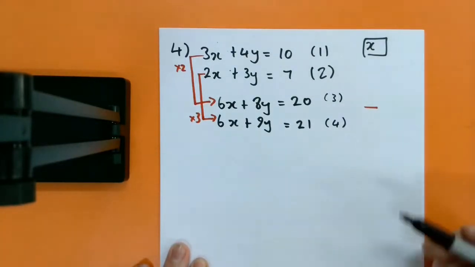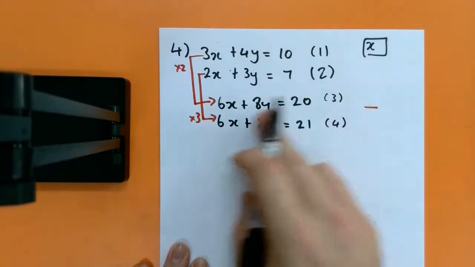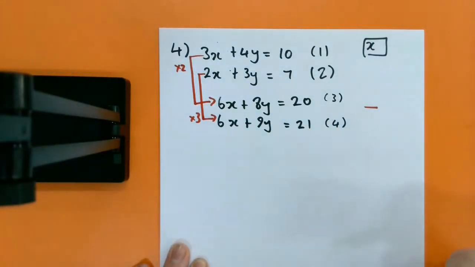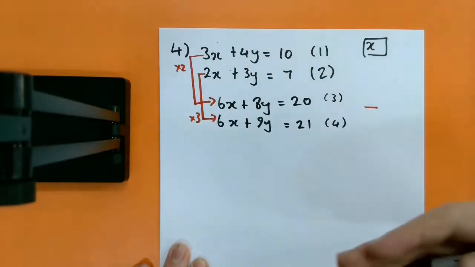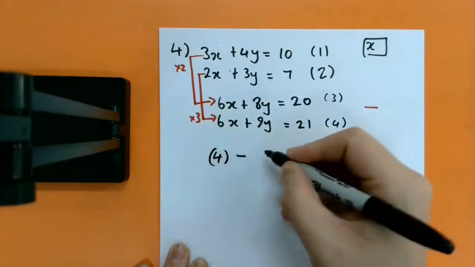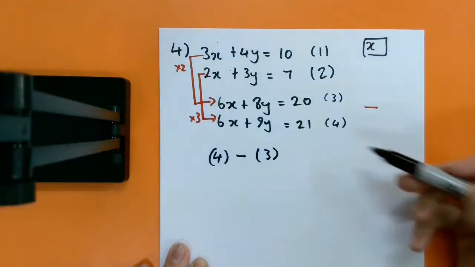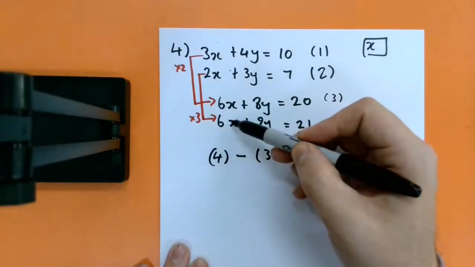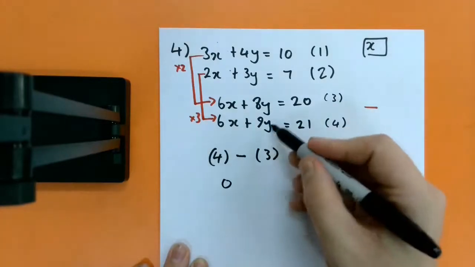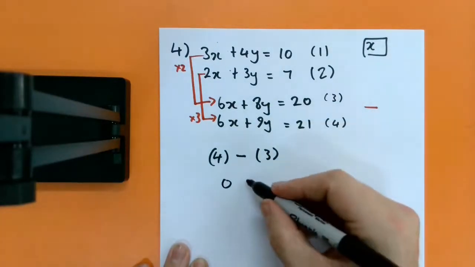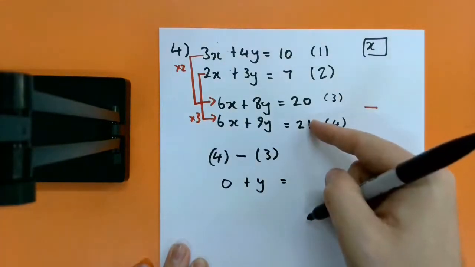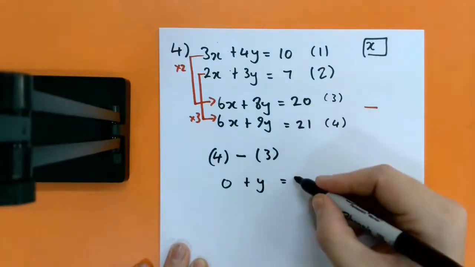So, let's go through it. I'm going to do 4 minus 3, because it has larger numbers in the second equation, so I'm going to have a positive answer. So 4 minus 3: 6x minus 6x, so we end up with 0. 9y minus 8y is plus 1y, or just y, as we write it in algebra, and then 21 minus 20 is just 1.